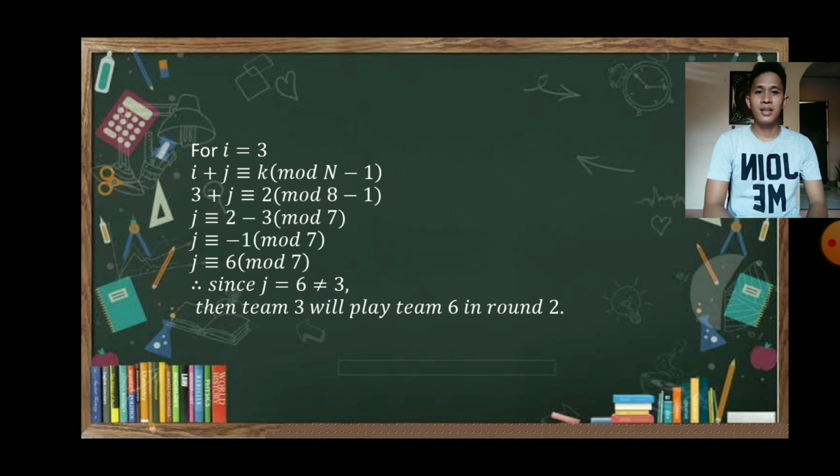Therefore, since j equal to 6 is not equal to 3, team 3 will play team 6 in round 2.